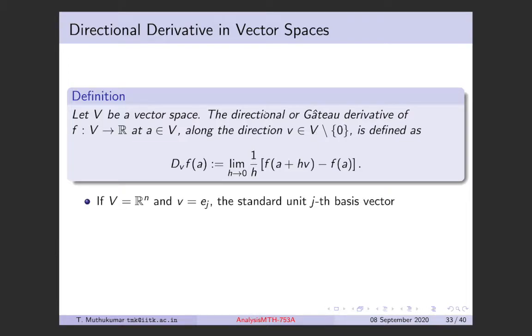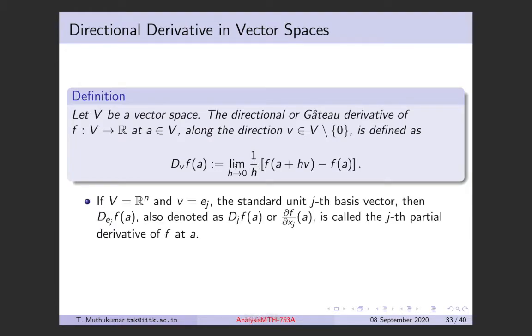In particular, when your vector space is a finite dimensional vector space, and if you choose your little v, the direction, to be the standard basis vector, say the jth basis vector, then this definition reduces to your jth partial derivative, right? So for each j, you have the partial derivative. You can also talk about this for any vector v, and in Rn you actually have a norm, a notion of distance, so you don't have to do this for all directions v.